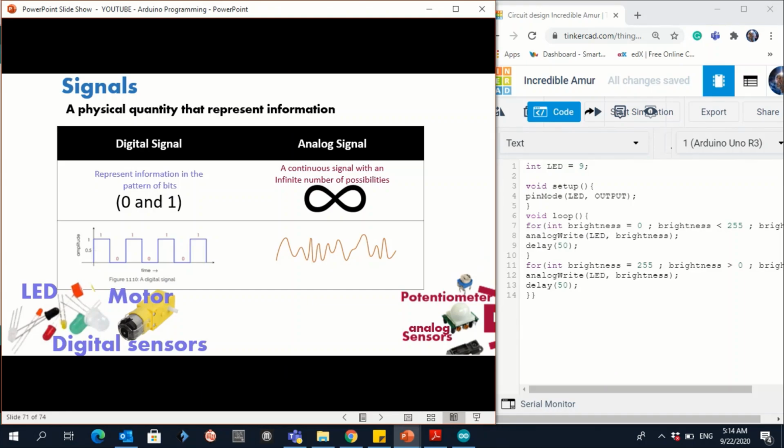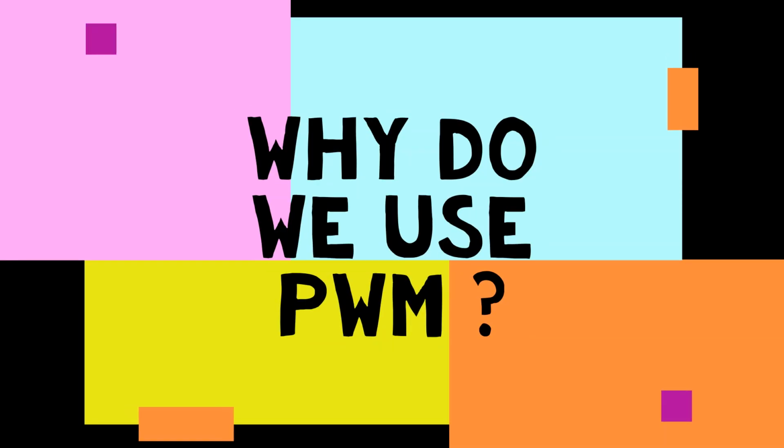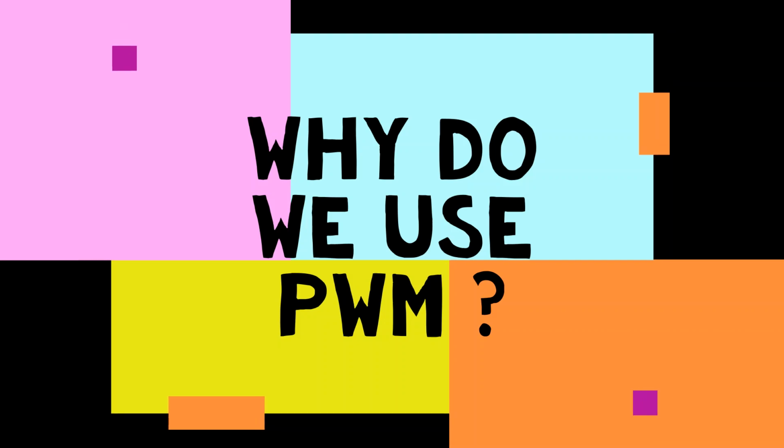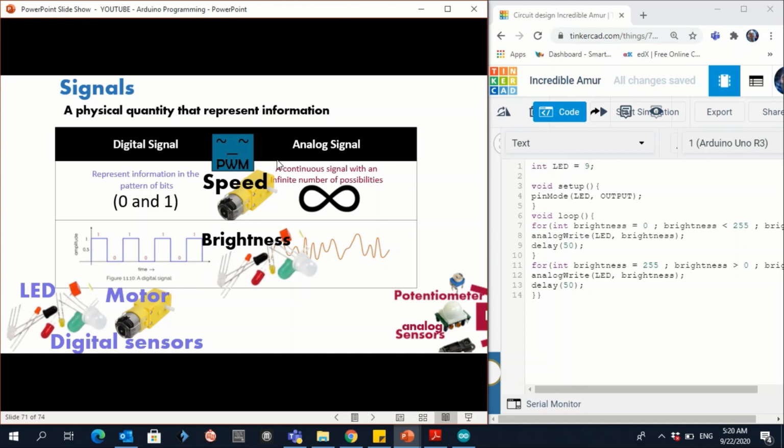You will ask maybe why I connected to a digital pin if it is analog, right? In this case, you have something called pulse width modulation. The pulse width modulation acts like a gateway between the digital signal and the analog signal.